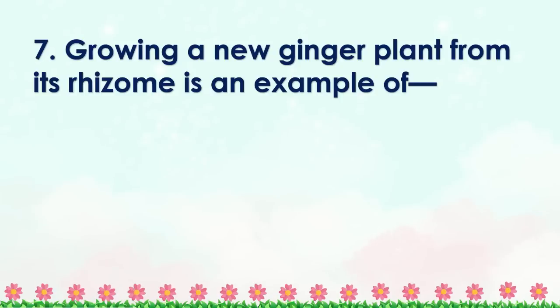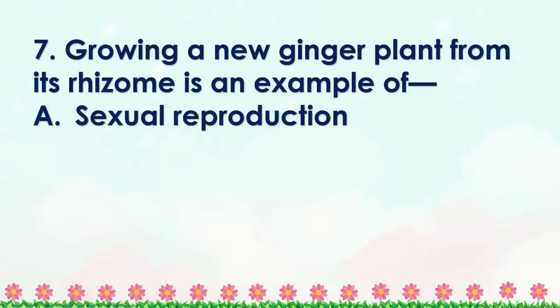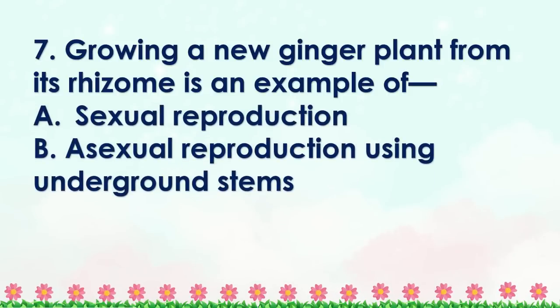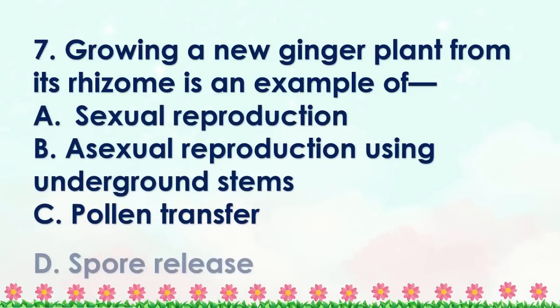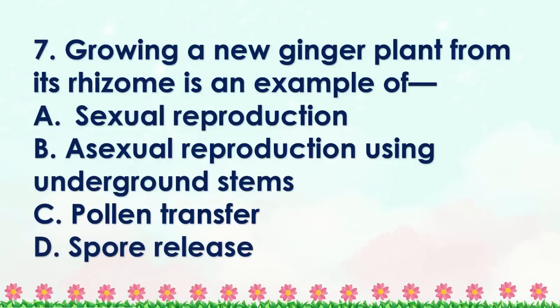Growing a new ginger plant from its rhizome is an example of B. Asexual reproduction using underground stems.